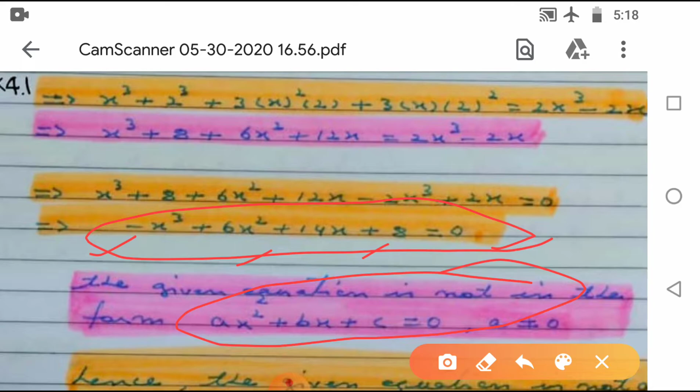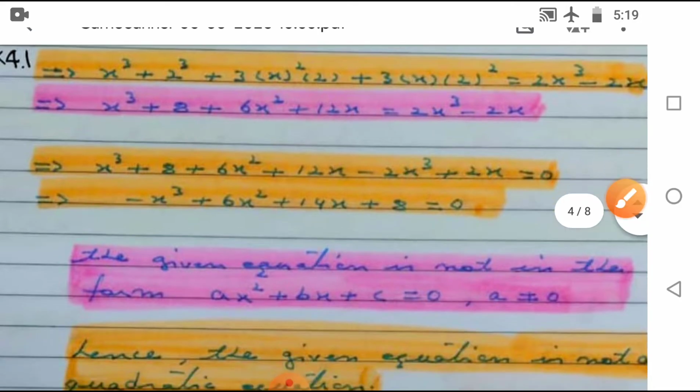So, the given equation is not a quadratic equation, because this is not in the form of ax² + bx + c = 0.